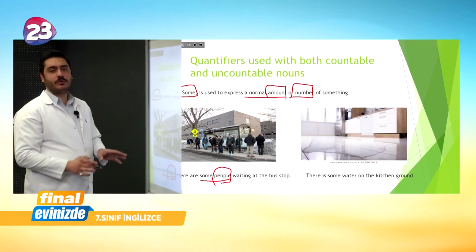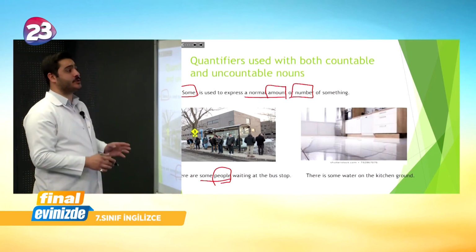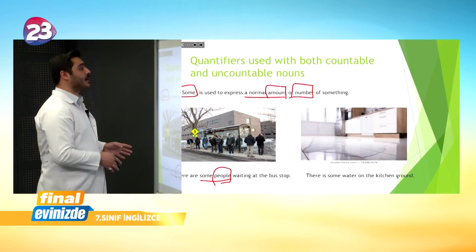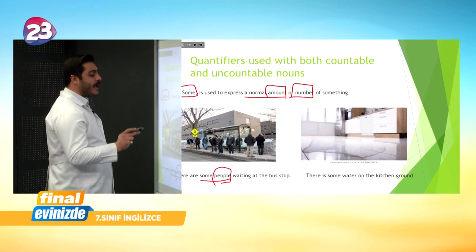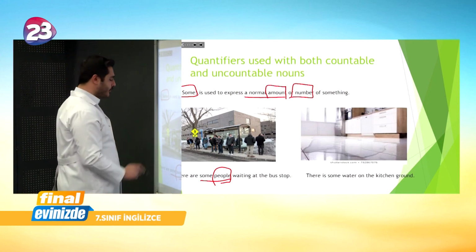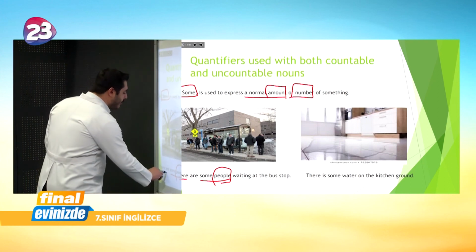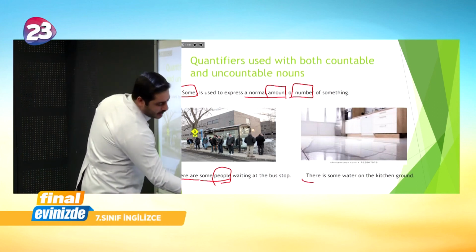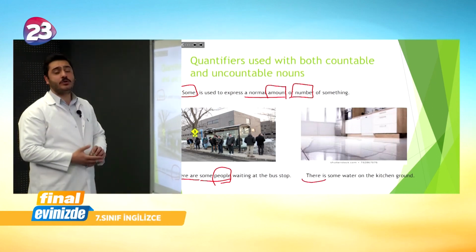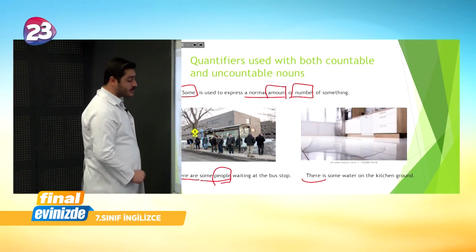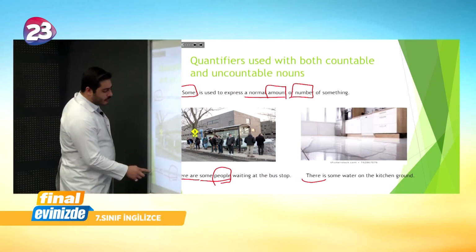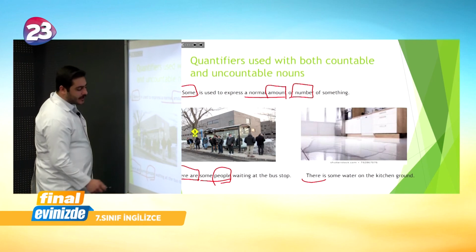If we use quantifiers used with both countable and uncountable nouns, we have to pay attention to something. Look, here it says there are, here it says there is. If we use them for a countable noun, we have to write it plural.